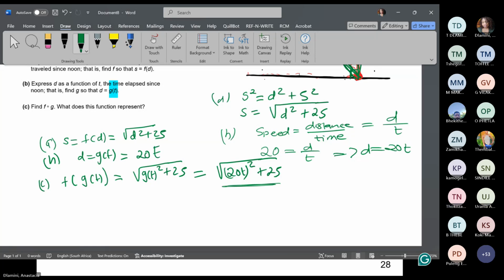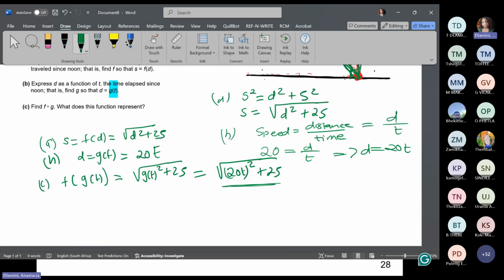No, ma'am. Isn't that the expression gives us the distance the ship has traveled from the lighthouse? Yes. At t equals 1, we don't know what the distance is. At t equals 5 hours, we don't know what the distance is. At t equals 7 hours, we don't know what the distance is. Now this formula will help us to find that, because now it gives us the distance traveled from the lighthouse as a function of time.